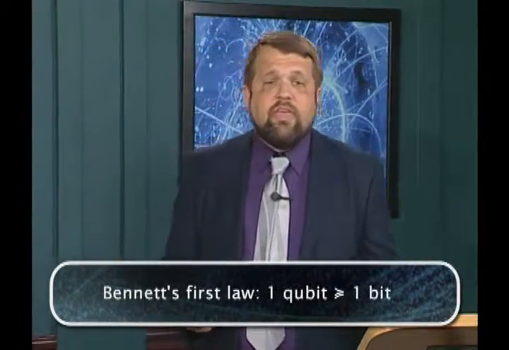And we already saw this. Alice can use the qubit to send a 1-bit message. She can encode her message in the Z component of a spin state, for example. 0 is spin up, 1 is spin down. And then when the qubit reaches Bob, he can measure the Z component of the spin and figure out what the 1-bit message is.